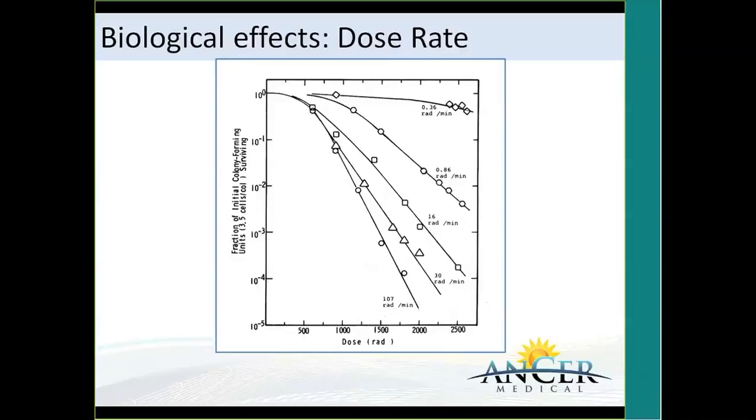When you're giving a high dose rate of radiation, you would also expect higher toxicity, and so it's very important to tailor your dose in such a way as to properly spare healthy tissue. So what is the difference biologically between high dose rate and low dose rate?